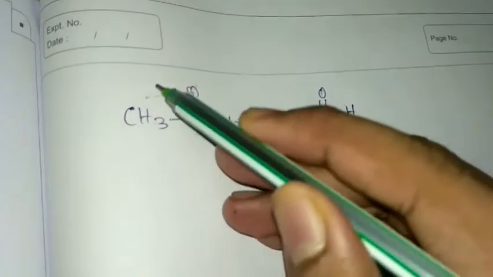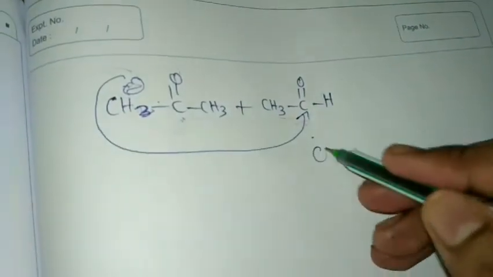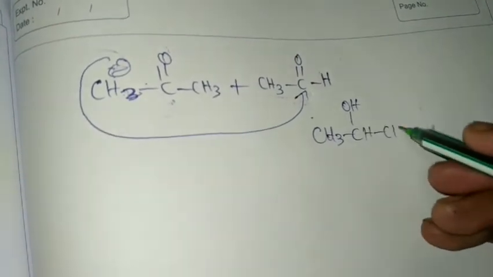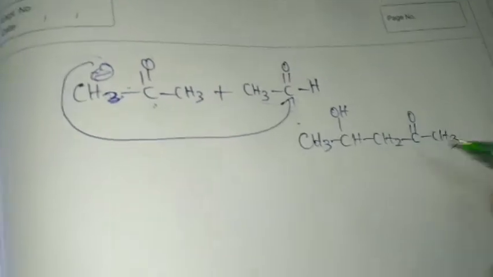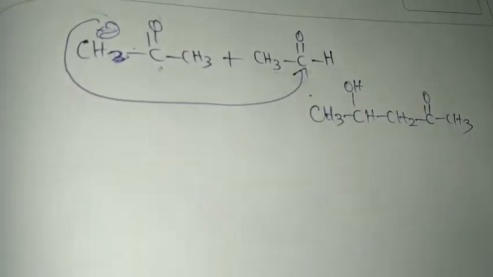So this forms the enolate ion over here, and the attack goes like this. So CH3 COH CH2 C double bond O CH3 is formed. So this is basically the catch over here.